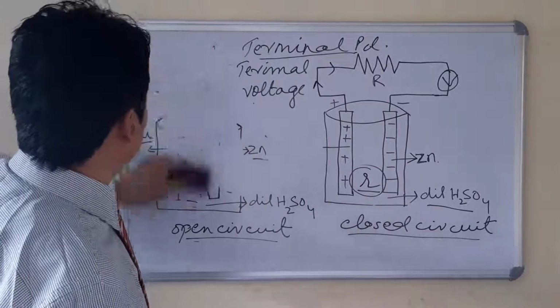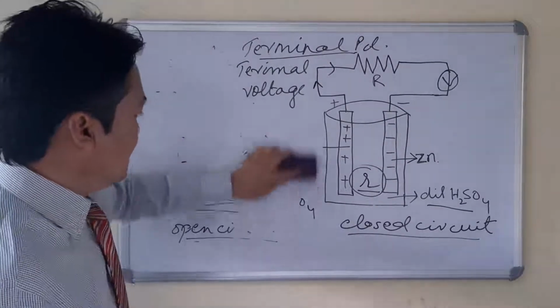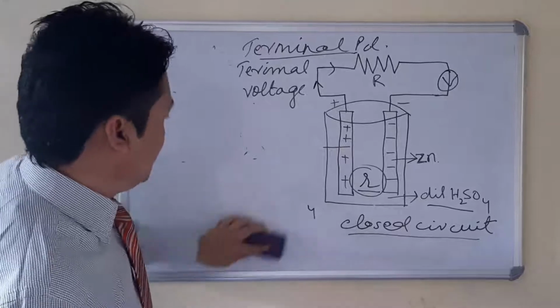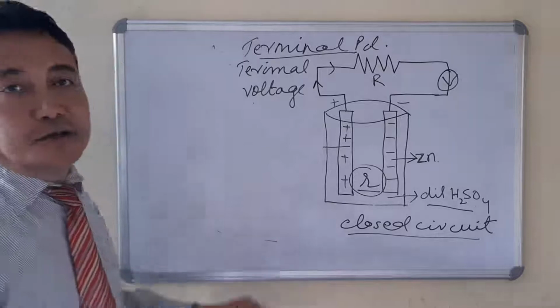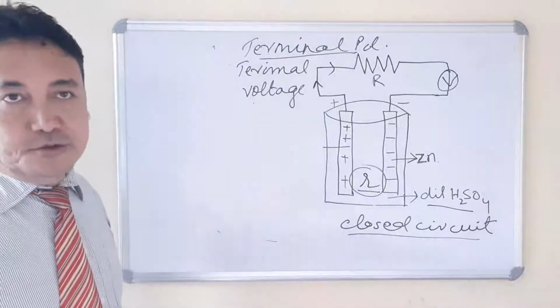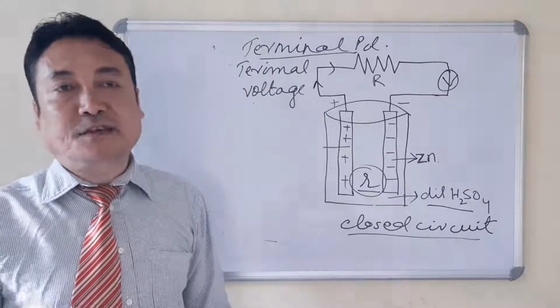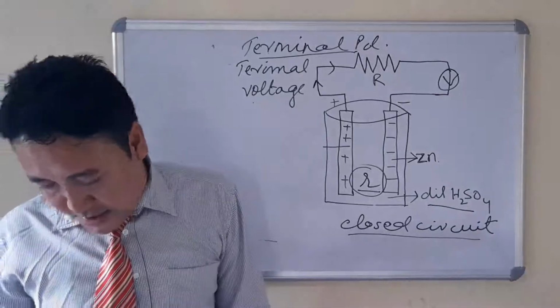Number one factor of internal resistance is that the internal resistance is inversely proportional to the cross-sectional area of the electrode. That means the surface area of the electrode. Number one factor is there. The surface area.